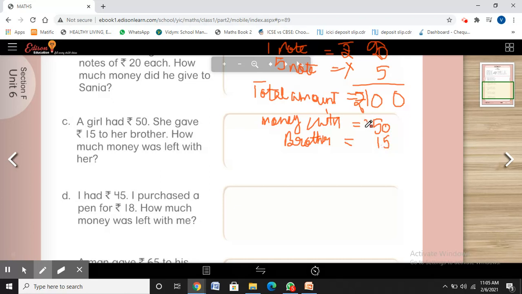Don't forget to write the sign of rupees. And you will subtract because it is money left. So 35 rupees left with the girl.